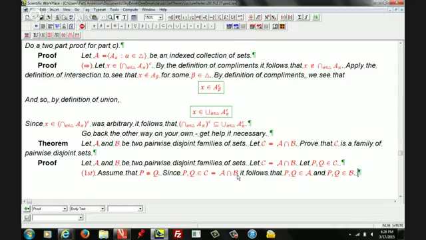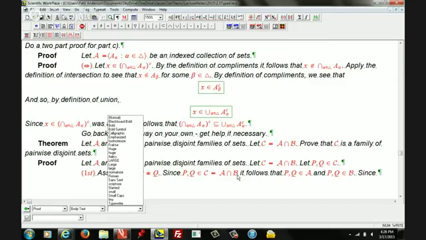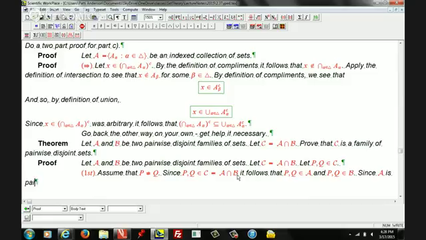A and B are pairwise disjoint. So if I know P is not equal to Q, then by definition of pairwise disjoint, I have to know that P intersected with Q is equal to the empty set.